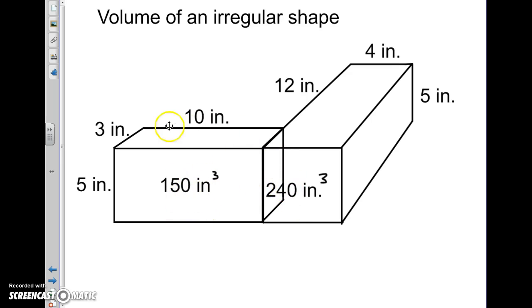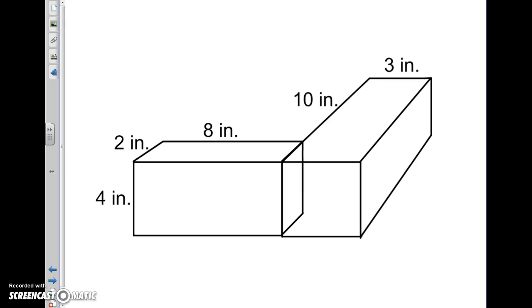So the total volume of this irregular shape is what? That's correct, we just add them up. So 240 plus 150 is going to give me 390 inches cubed.